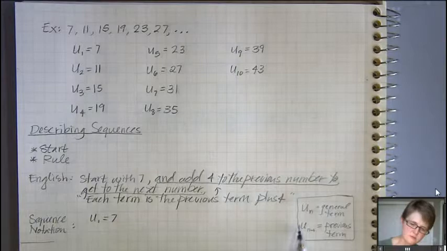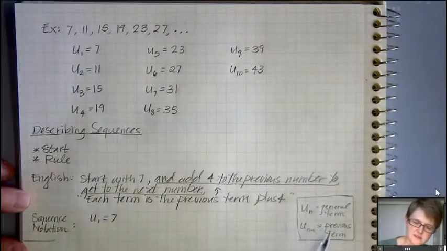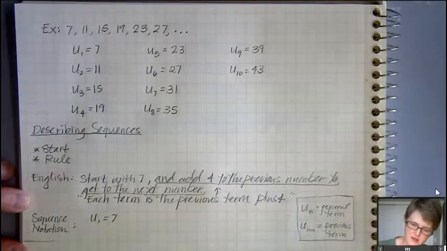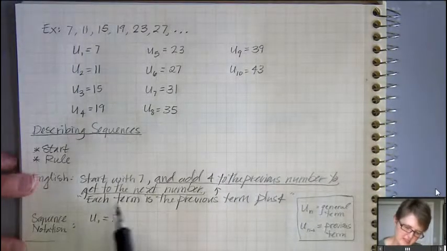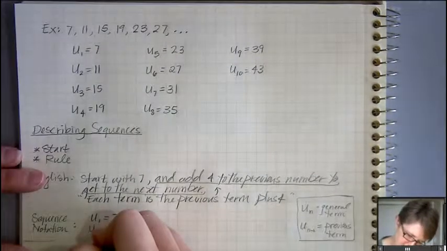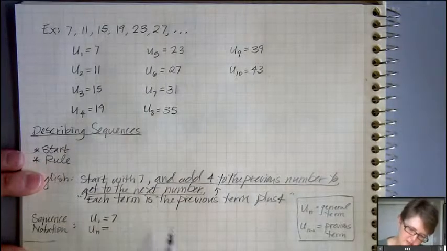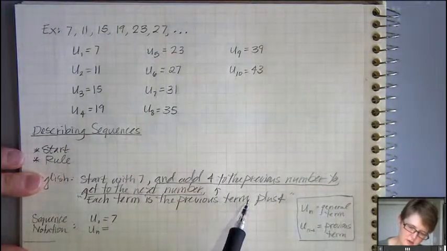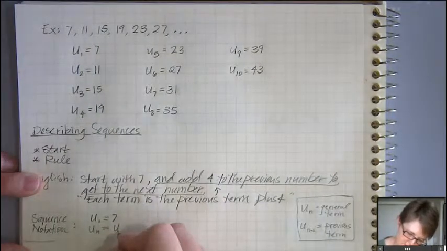Okay, so in that case, since I've defined these, the general term is u sub n, and u sub n minus 1 is the previous term, I can say each term, I'm going to use u sub n for that. So u sub n, each term or any given term, is or equals the previous term plus 4. Well, we know for previous term we're going to use u sub n minus 1, and then plus 4.